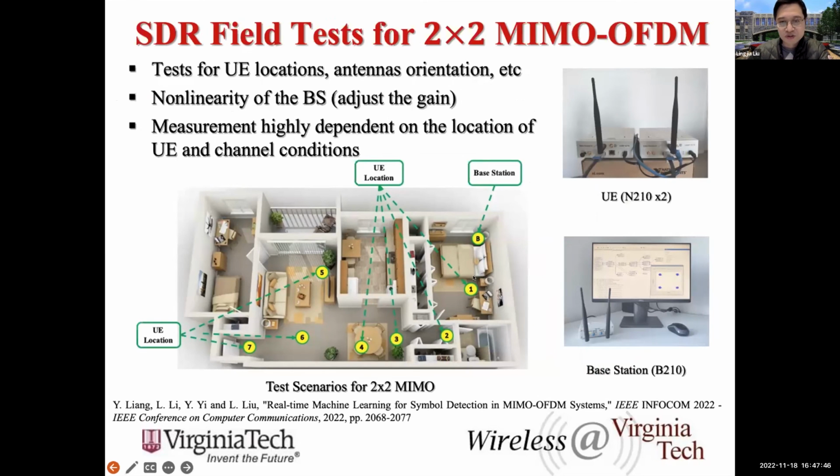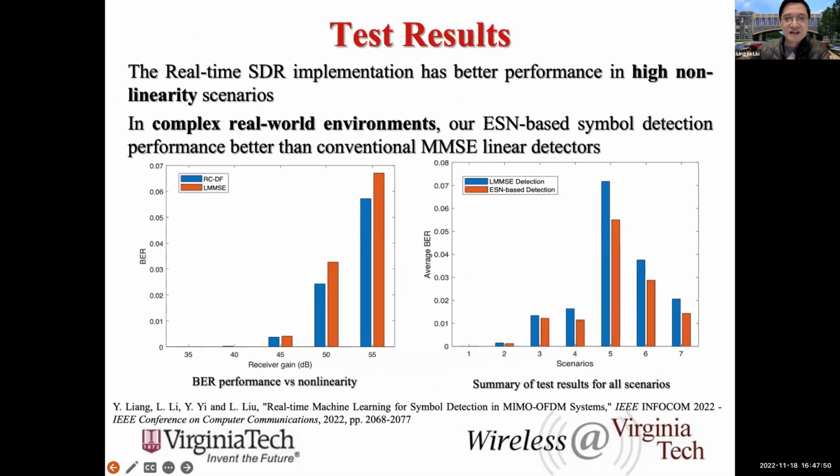This is where students put it in their dorm, and we set up the transmitter and receiver. So you can see that in a complex real-world environment, our method can still perform decently and beat the existing MMSE-based approach.